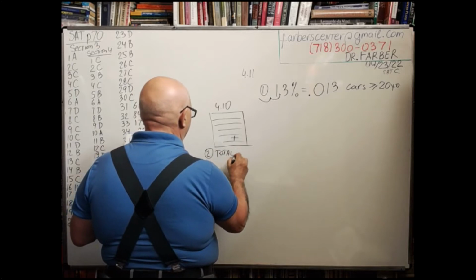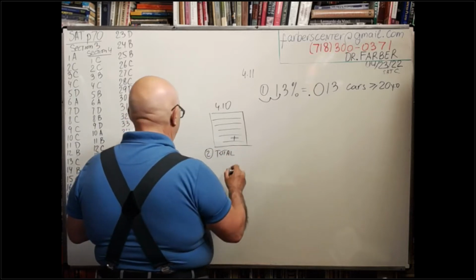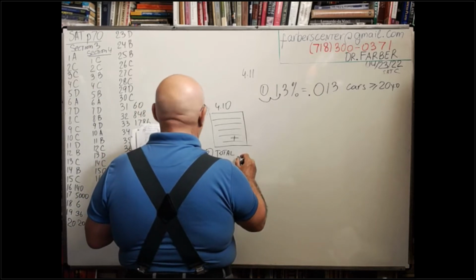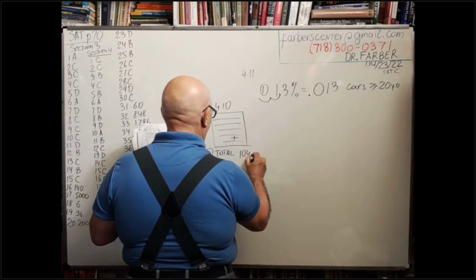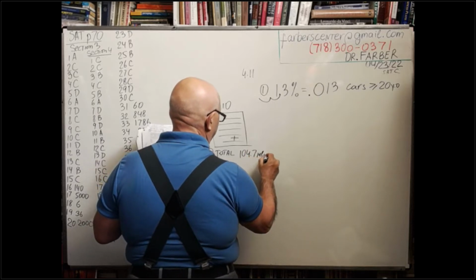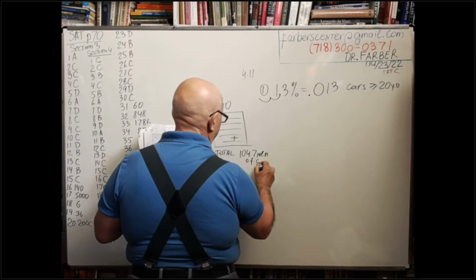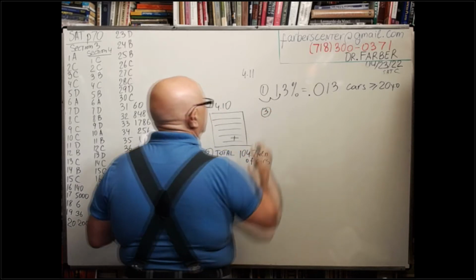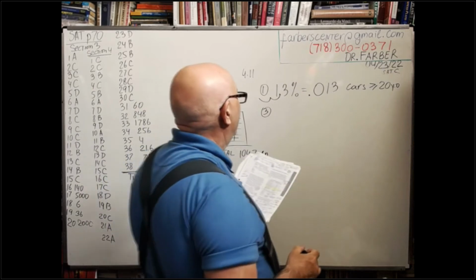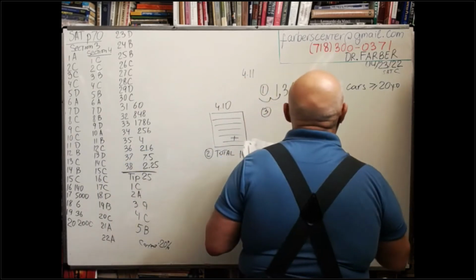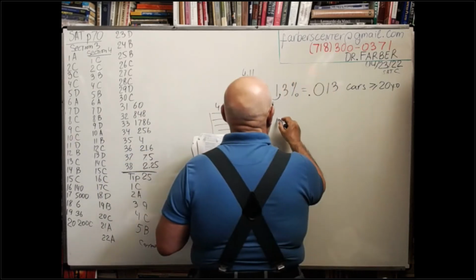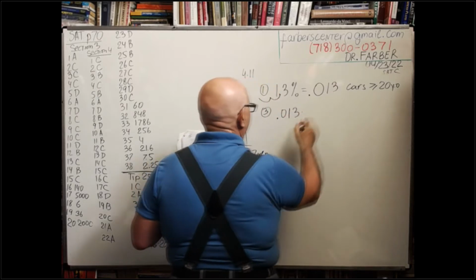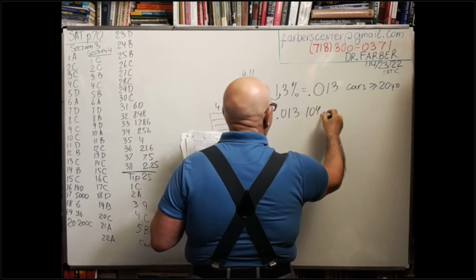Total. It's millions of cars. It would be 4.7 million cars. In step number 3, to find how many old cars we have, we take this 0.013 and multiply by this amount, 4.7.